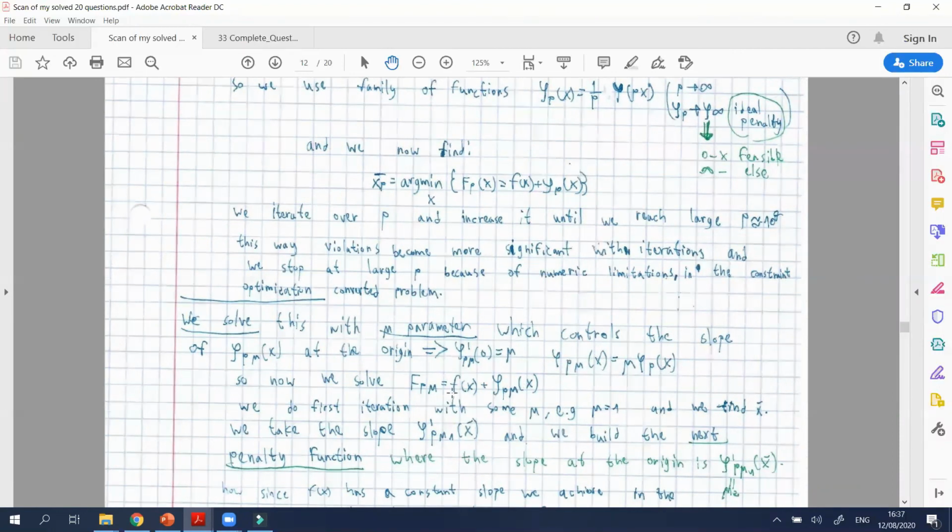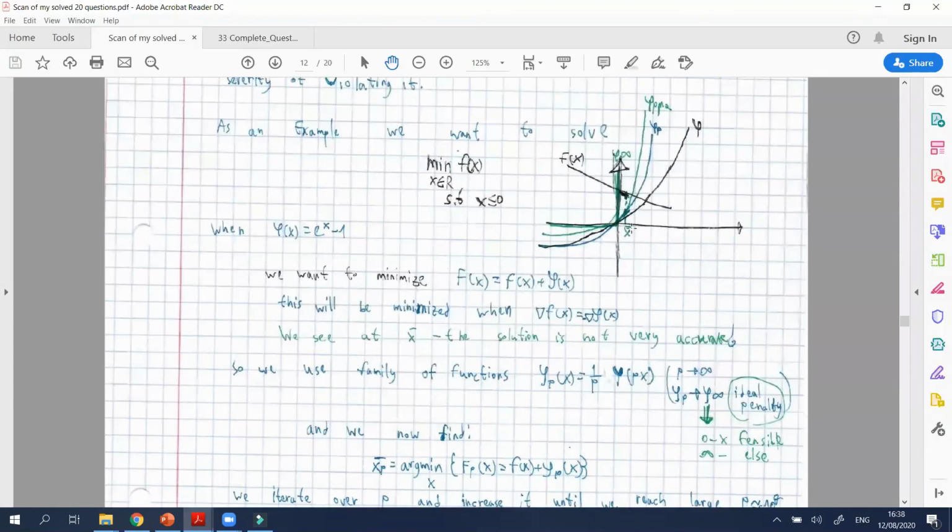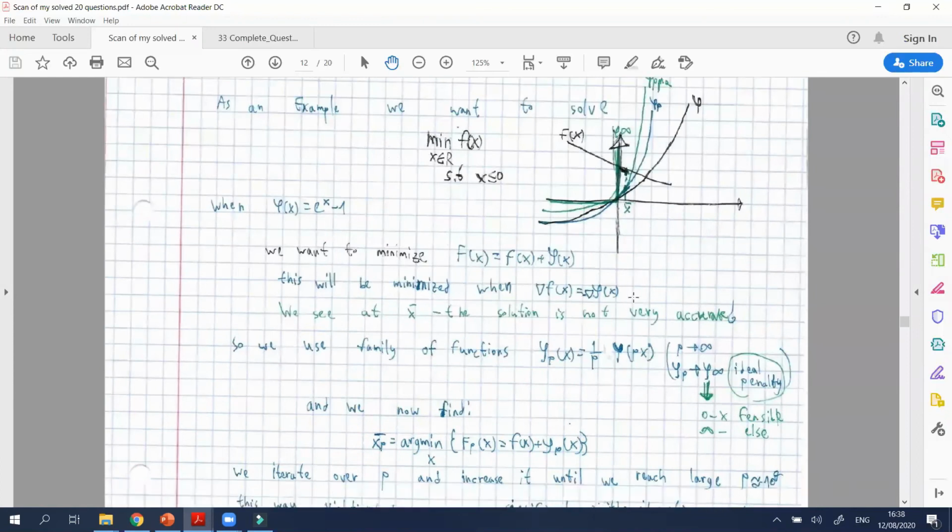So we want to solve big F of p mu, as we have already described the cost function using the p parameter and the mu parameter. So we do the first iteration with some mu, for example, 1, and we find x bar, which is actually this, which is not the accurate and correct solution.